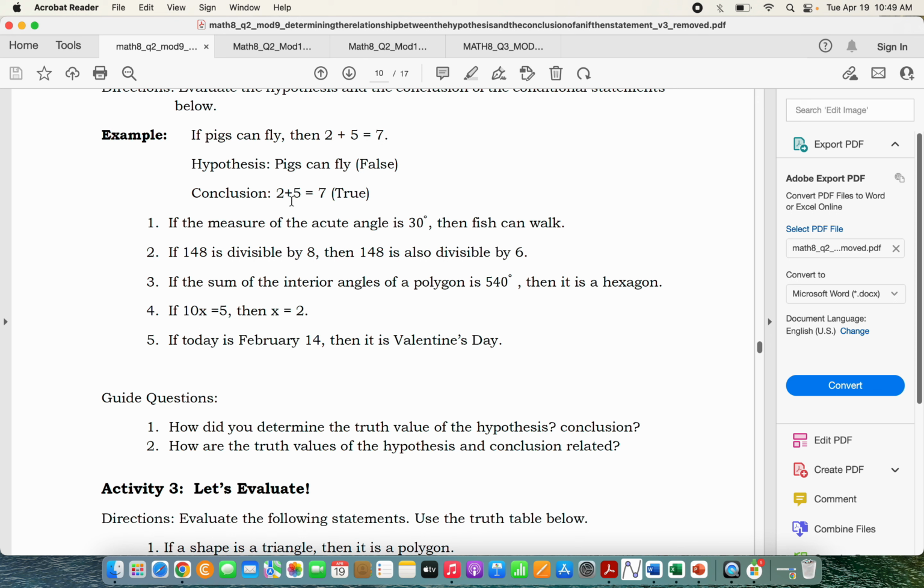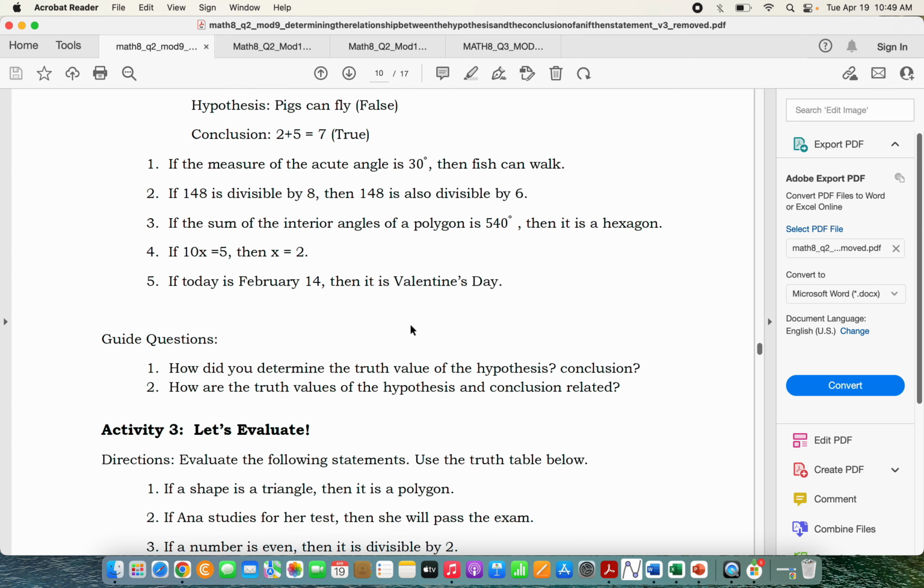The conclusion, 2 plus 5 is equal to 7, which is true. So, yung conclusion part niya dito is true. What do you think will be the truth value of the statement? True or false? True. Since the conclusion is true.